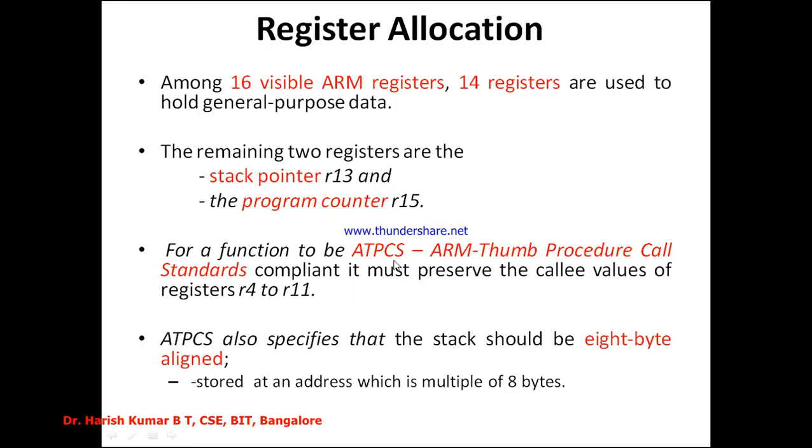That is what this ATPCS standard says. And one more important thing it specifies is that when you are storing something onto the stack, it should be 8-byte aligned. What is the meaning of 8-byte aligned? The address of the data you store to memory must be a multiple of 8 bytes.